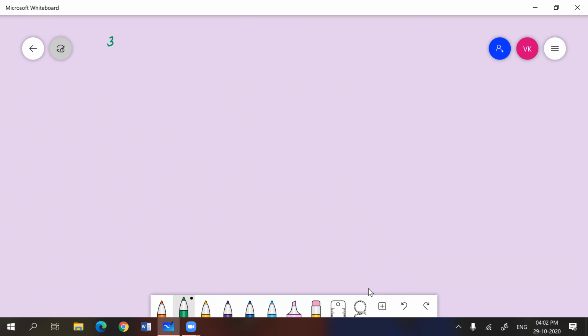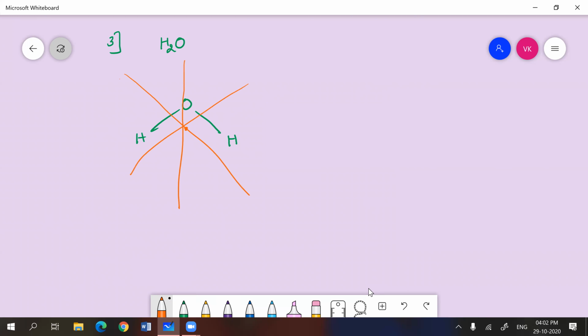Example, third one, I'm going to take water. In this water, I told you first find where the center of gravity is, and the center of gravity in this molecule is here. If you draw 3 axes through this, is there any symmetrical element on x, y, z? No. In that case, we can simply say the inversion center is absent. No i.